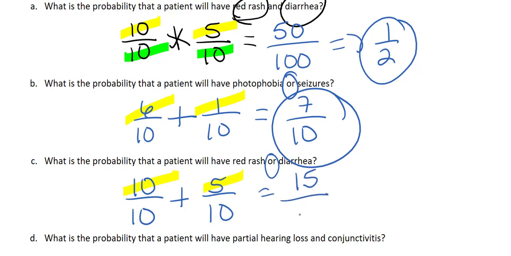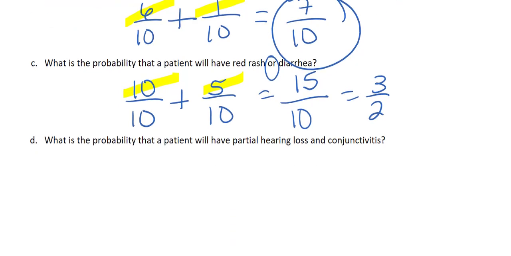That's 15. We leave the denominator, so that's 10. So what is this really telling us? It means that the patient will definitely either have a red rash or diarrhea. Like there's no escaping that. So that's what this probability means, which we can also just reduce to 3 over 2.